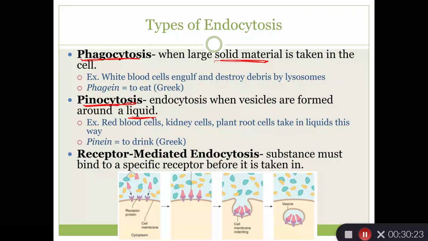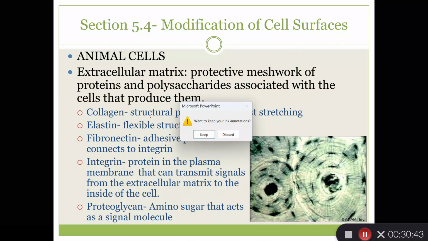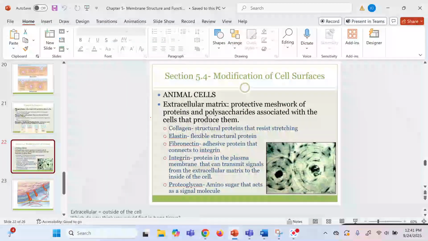The next one is receptor-mediated endocytosis. It's kind of like that signal transduction we talked about with the receptor. The receptor will receive the response and then open up a gate, allowing molecules to come in, like the response is to come in.